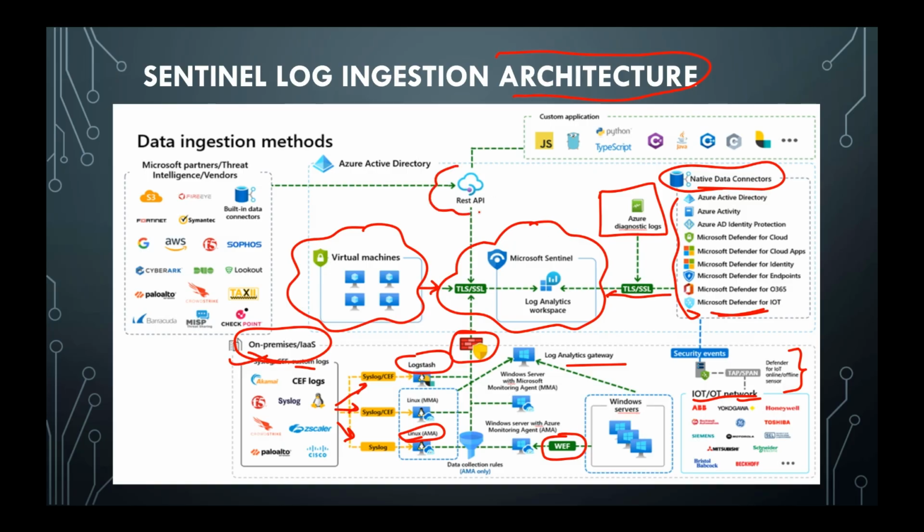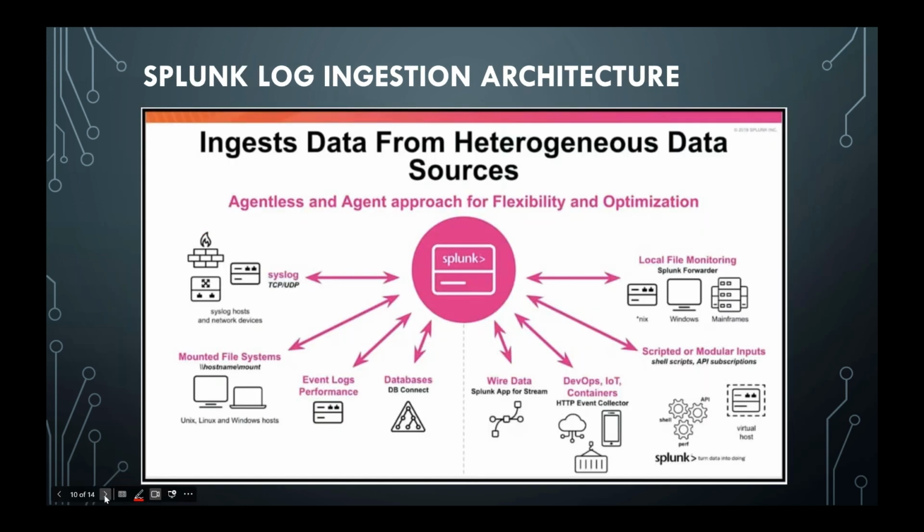Also, you can use the REST API for your custom application like JS, TypeScript, Python, etc. So you can use the REST API method. So Microsoft Intelligence and third-party vendors can send data using REST API. Let me know if you have any doubt.